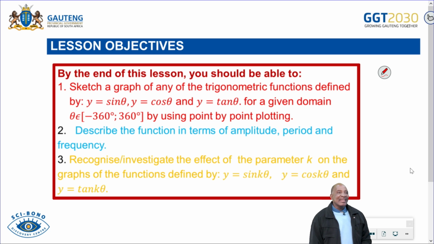Right, by the end of this lesson, you should be able to sketch a graph of any of the trig functions defined by y equals sin theta, y equals cos theta, and y equals tan theta for any given domain, but in particular, we are going to sketch these graphs in the given domain, x is an element of the closed interval negative 360 degrees to positive 360 degrees, by using what we call point-to-point plotting of those points.